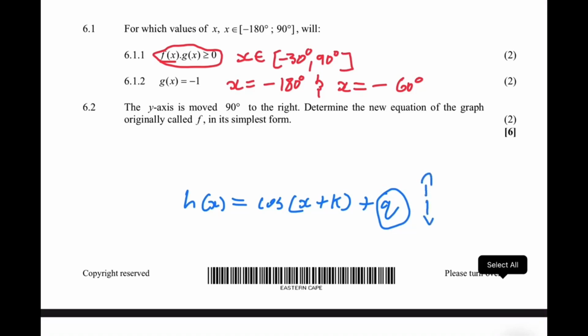For the value of k, if k is positive, you move your graph to the left, and if k is negative, you move your graph to the right. We're moving the y-axis to the right, so we're moving the graph to the left along the x-axis. So based on this general formula, we have a k which is positive.